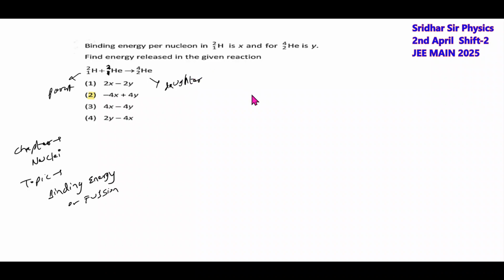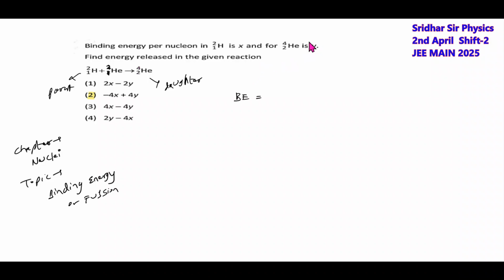Then what is the basic idea? The binding energy per nucleon, we know it. So how many nucleons are there here? 2 and here 2. And how many nucleons here? It will be 4. So we have to calculate the binding energy per nucleon.